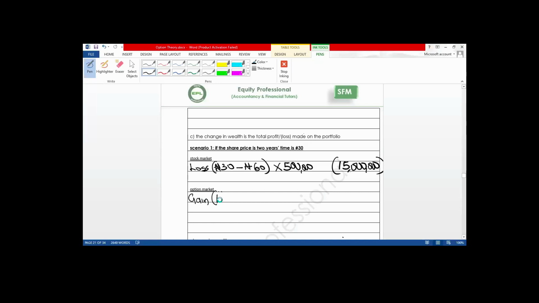You are going to exercise your right. You are going to sell for 50 naira what is currently valued at 30 naira, thereby making a profit of 20 naira per put. And you have 500,000 put options. Look at it. The investor purchased 500,000 put options.